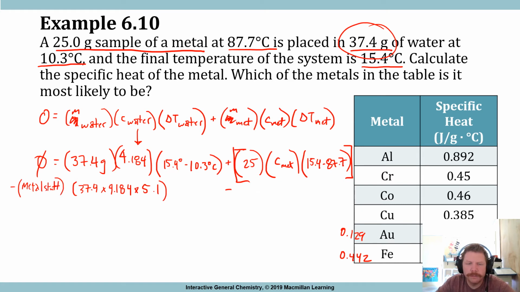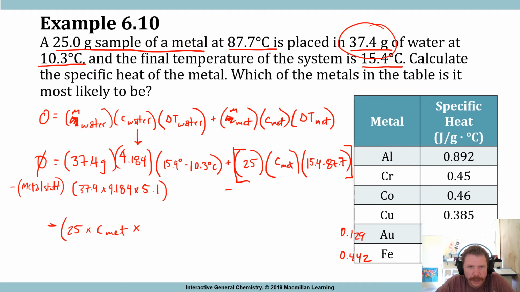Then I'm going to say negative 25 times C of our metal times our temperature change. We've got our final temperature, which is 15.4 minus 87.7.